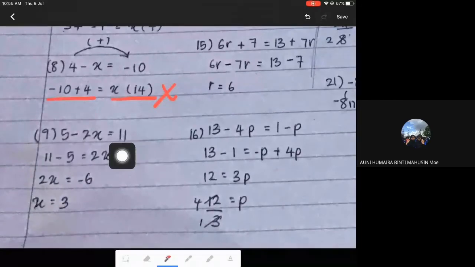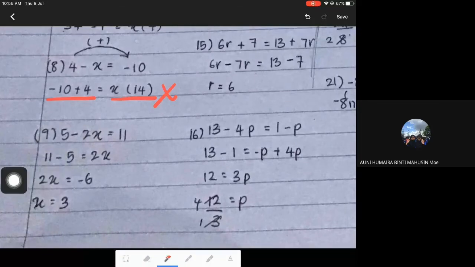Okay. Sini minus 2x. She brings to the right. Jadi positive 2x. Okay, betul? And then sini jadi x 11 minus 5. Okay. Siapa yang kekal? 5 kat sini asalnya positif kan? 5 is positive.